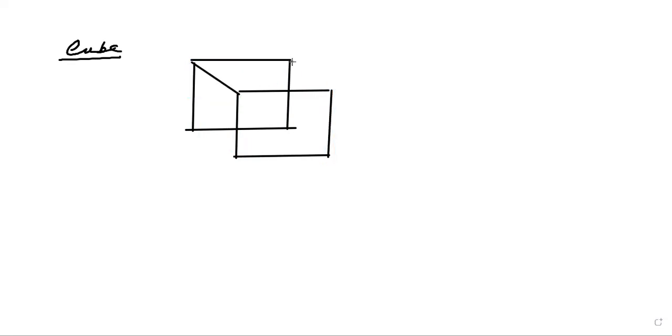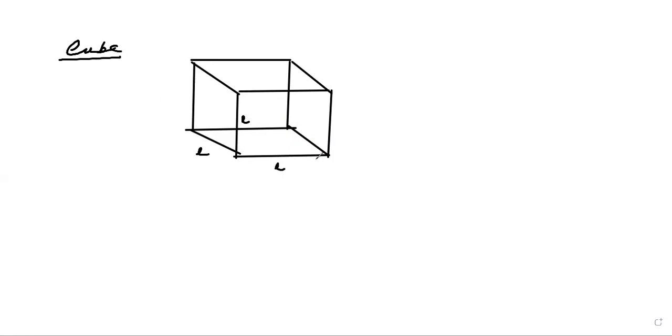All the 6 surfaces are square, children. You can see the length, breadth, and height all have become equal. This also is L, this also is L, this is also L. When the length, breadth, and height of a cuboid are equal, it is called a cube.